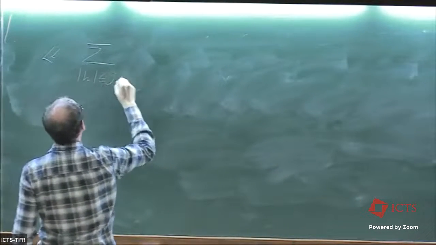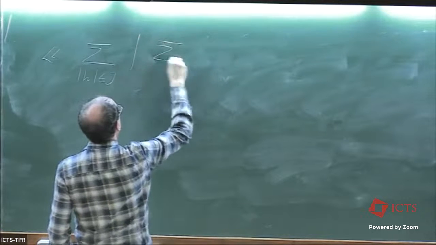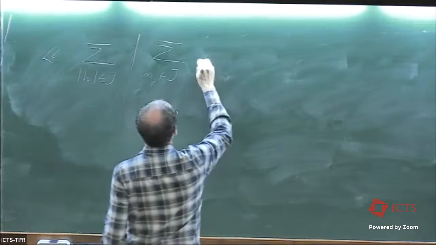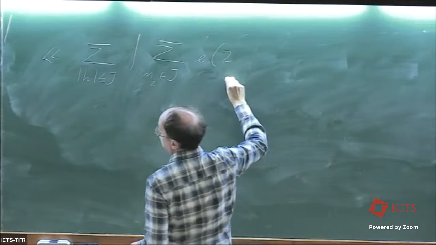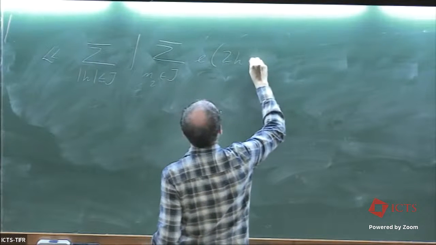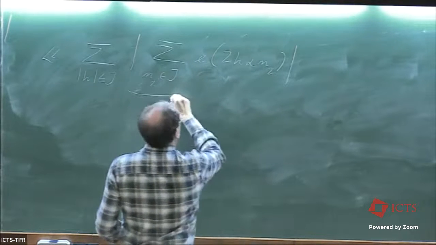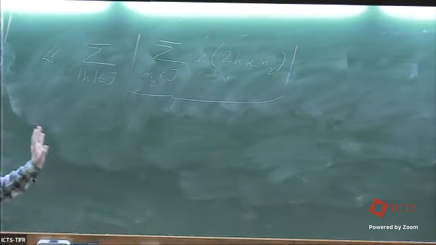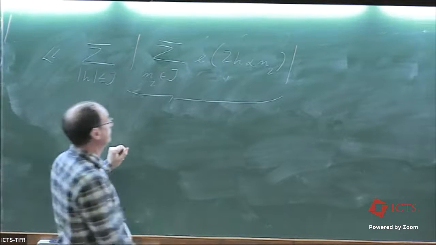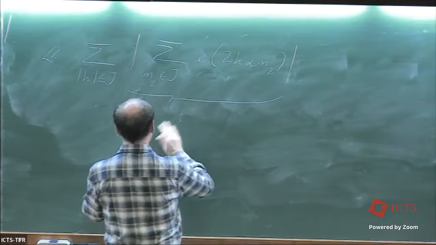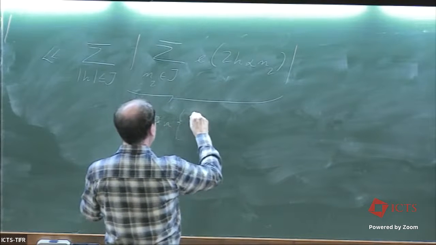The sum over h, modulus at most |I|, of the sum over n2 in I_h of e(2h alpha n2). And then you know that is bounded by the minimum of the interval length and 1 divided by the distance of 2h alpha to the nearest integer.